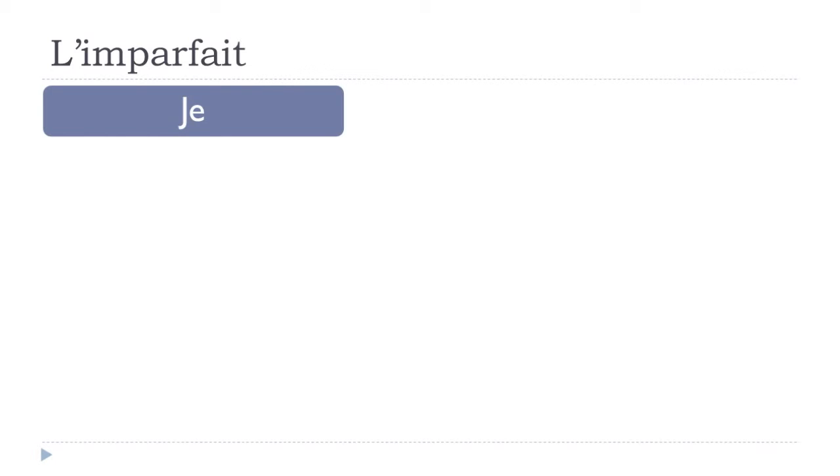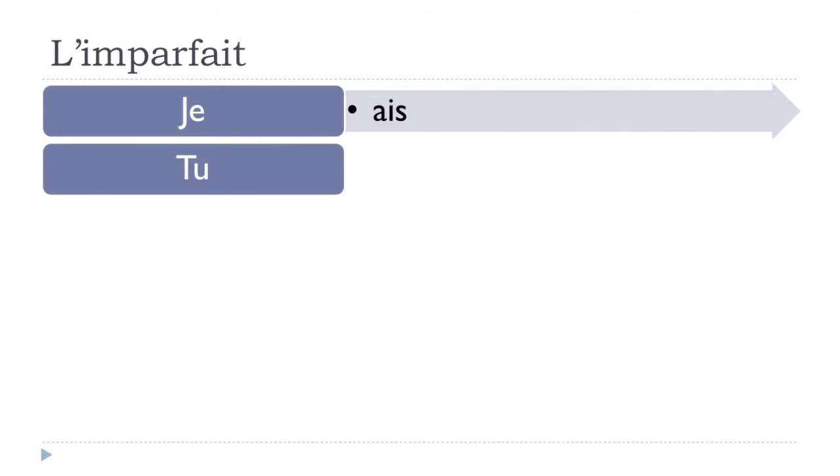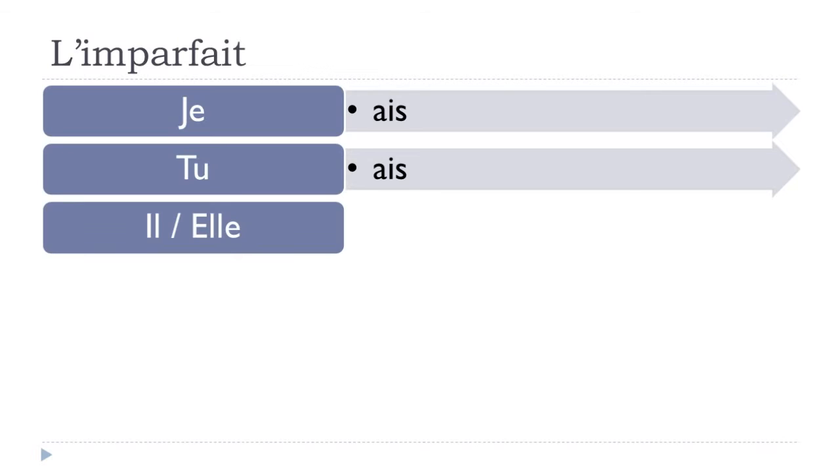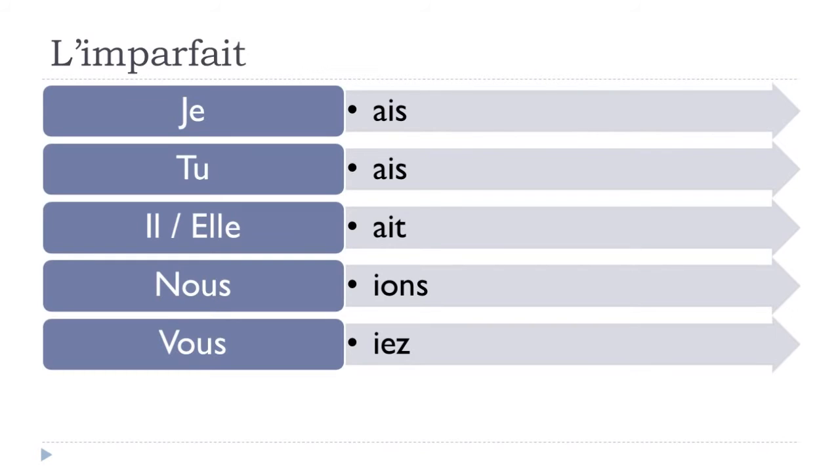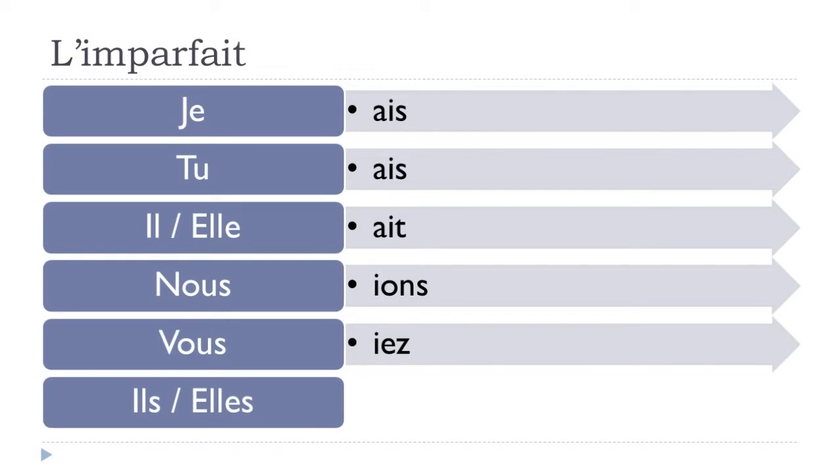And they will be, for je, AIS, for tu, AIS, for il or elle, AIT, for nous, IONS, for vous, IEZ, and for ils, elles at the plural, AIENT.